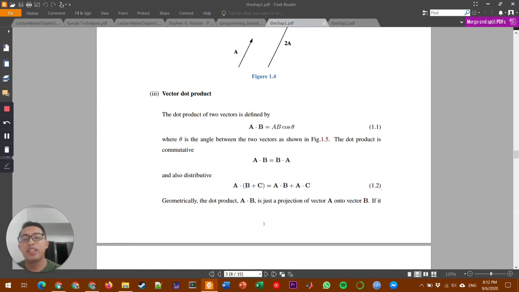Now, if the two vectors are perpendicular to each other, no shadow is formed, right? Let's say you have this vector A and this is vector B, and notice that they are perpendicular to each other. If you do multiplication via the dot product, what shadow is made of one over the other? None.